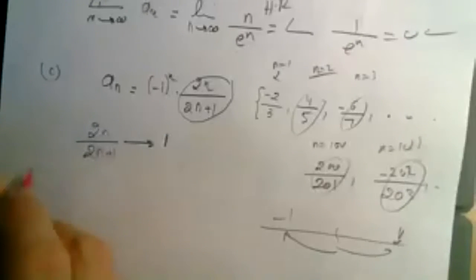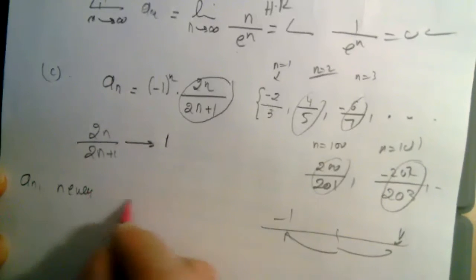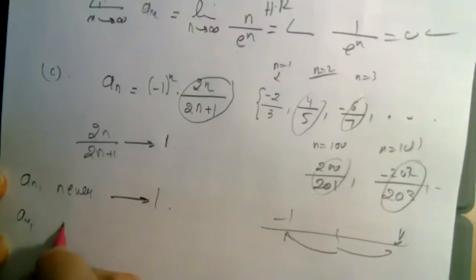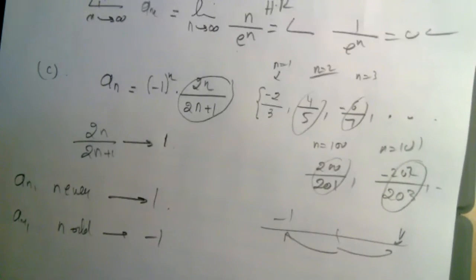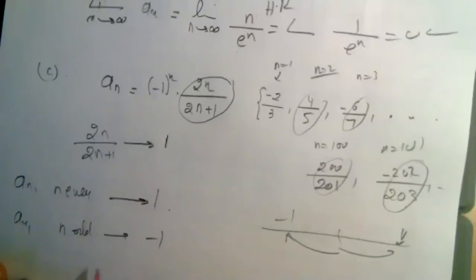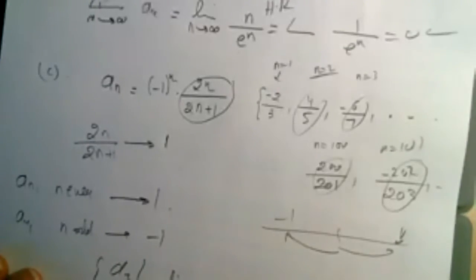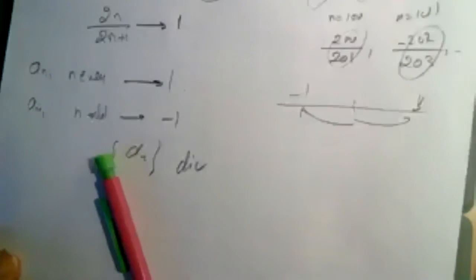As I said several times, all the a_n where n is even become close to 1. All the a_n where n is odd become close to -1. For a sequence to converge, all the terms have to become close to a fixed number. So this sequence diverges. Okay?